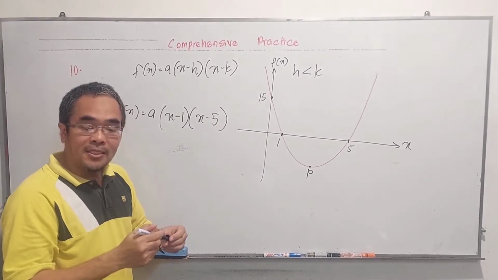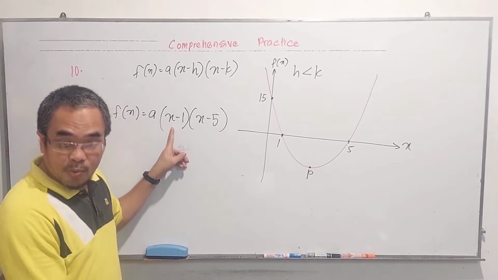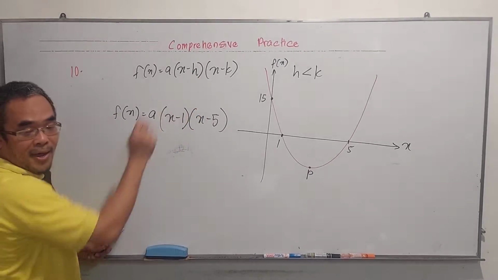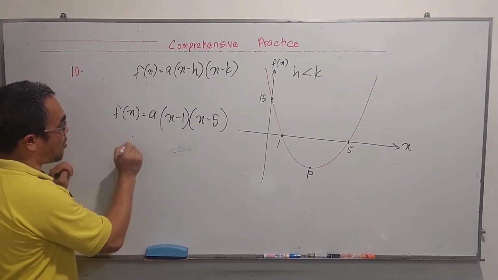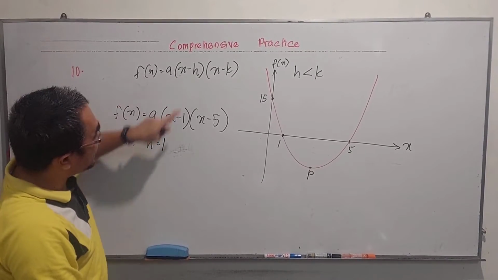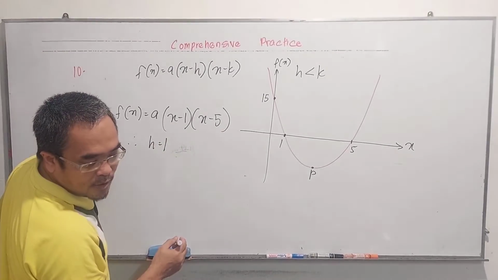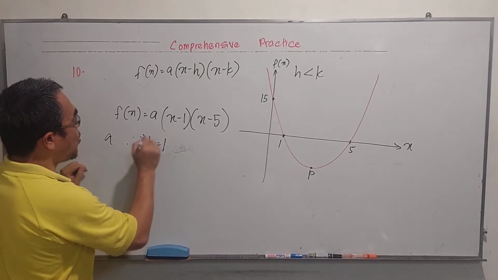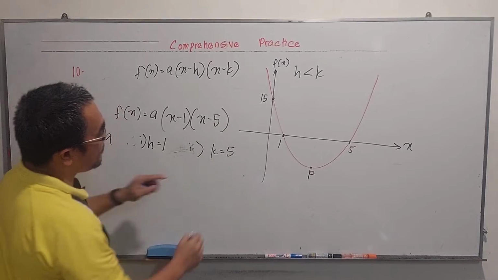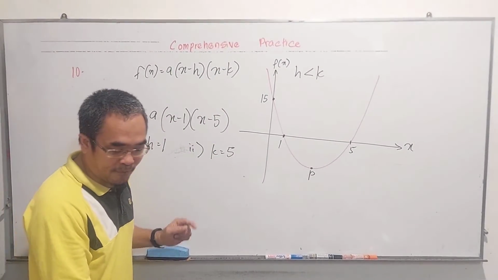If you get the roots from the calculator, 1 and 5, inside the brackets will be x minus 1, x minus 5. Then we compare to the given. So h equals 1, because negative h equals negative 1. For k, negative k equals negative 5, so k equals 5.